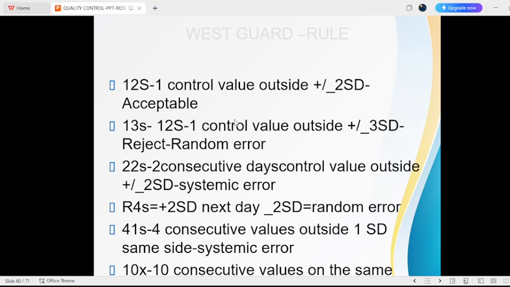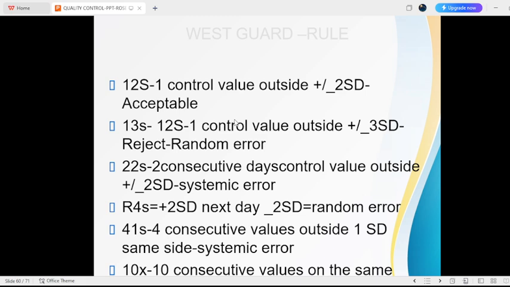The next rule is the 2 2s rule. The 2 2s rule means two consecutive days of control values outside of plus or minus 2SD. And this is definitely because of systematic error.